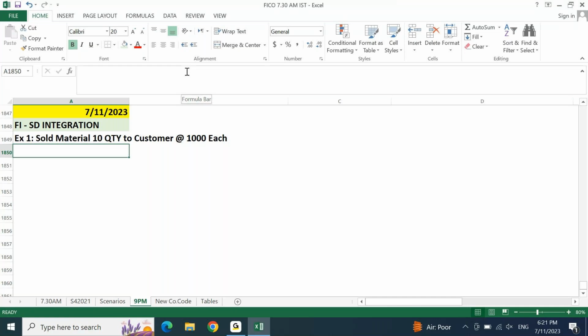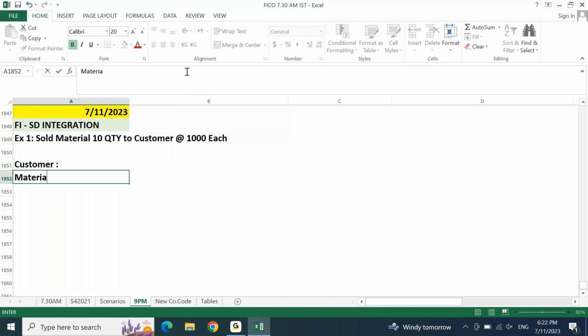First of all, we need to understand who is your customer. Who is our customer? Point number two, what product are you selling? Point number three, sale price. Point number four, cost.